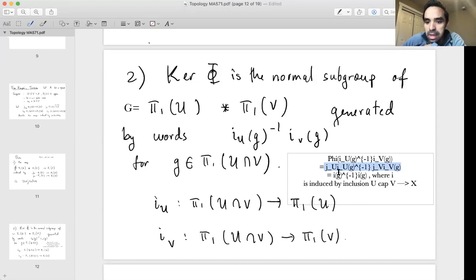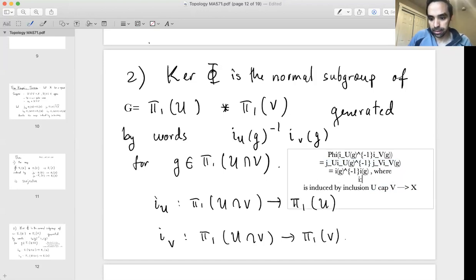But j_U composed with i_U is the map induced by the inclusion from the intersection of U and V into X. So i is a map from pi_1 of U intersect V to pi_1 of X, induced by this inclusion.